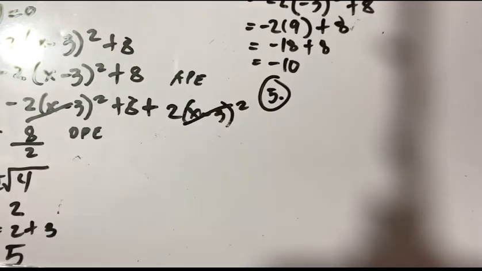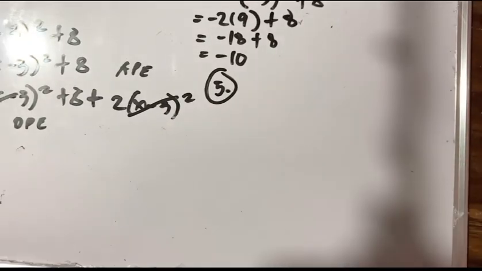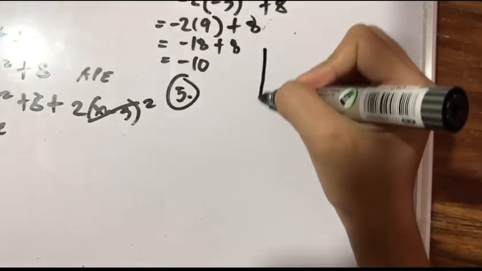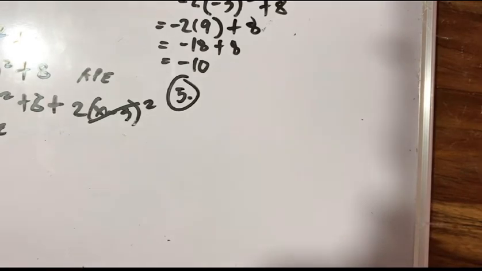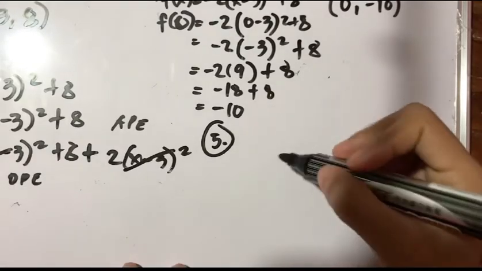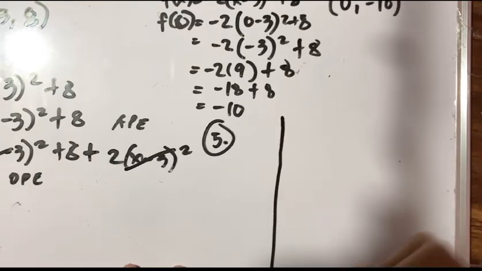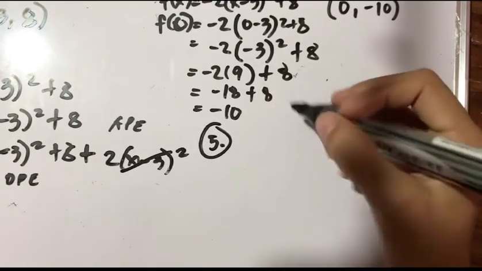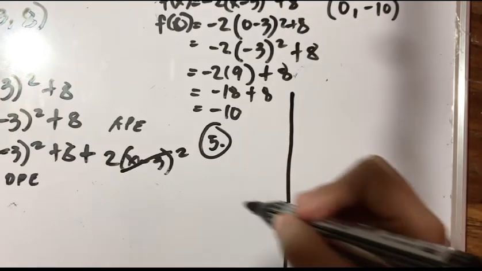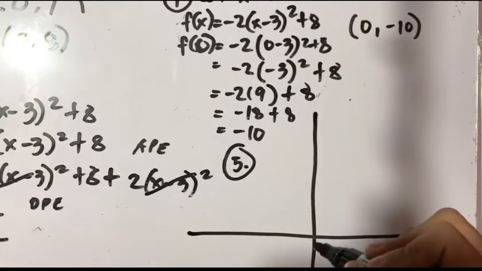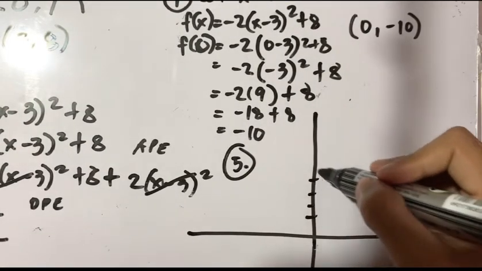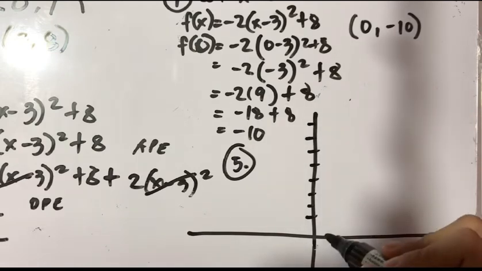Now, the last step is to graph all these, or to connect the points of these numbers. So, the vertex is 3 and 8. 1, 2, 3, 4, 5, 6, 7, 8. 1, 2, 3.